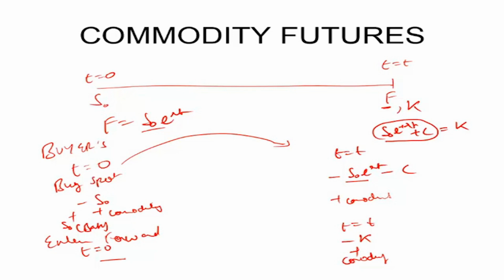So for commodity forwards, just remember, the fair forward price is S0 e raised to power RT plus storage cost. If the continuously compounded storage cost is given, just like the continuously compounded dividend yield, then F becomes S0 e raised to the power (r plus lambda) times T, where lambda is the continuously compounded storage cost.